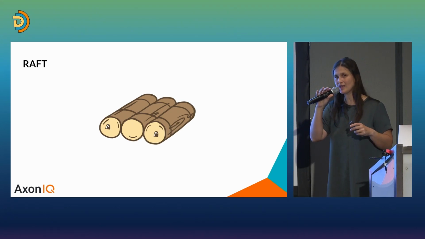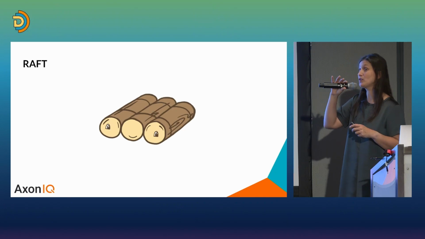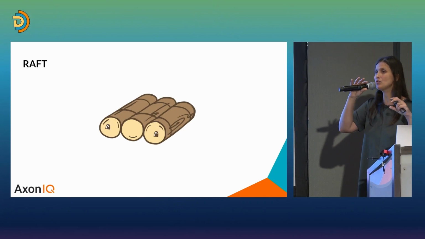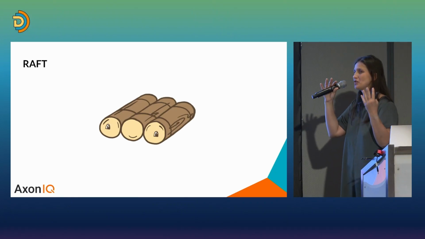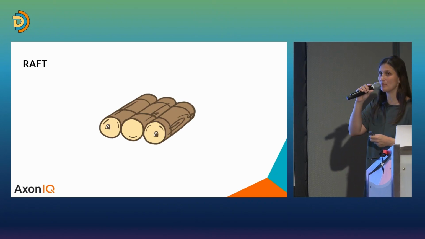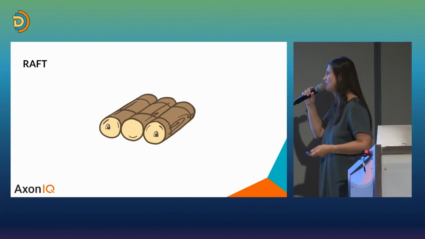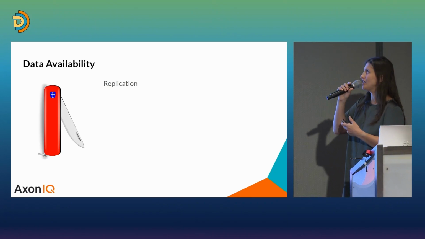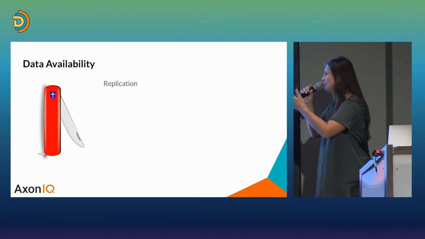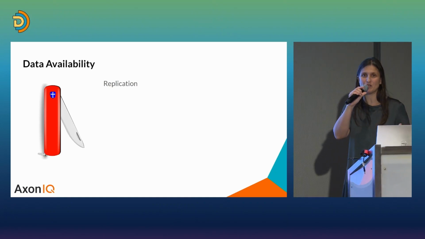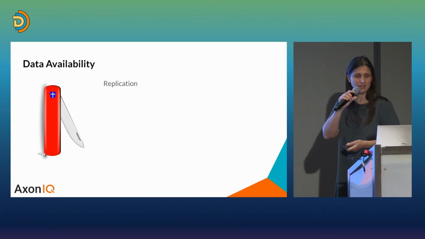It is a protocol based on an absolute majority of nodes. So you need the absolute majority of nodes in order to have the cluster available. If you have 3 nodes, you need to have 2 available to have the cluster. You can tolerate the failure of 1. So when we talk about data availability, the only blade we have in our knife is replication, because the only solution is to replicate the data.